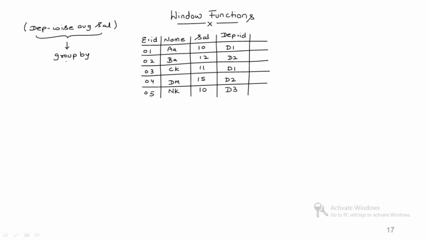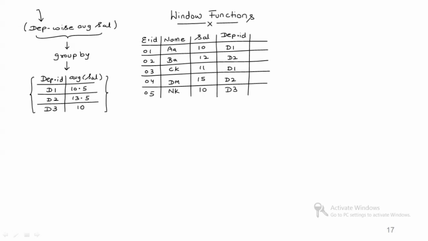You will get the output as an aggregated table, with department ID and average of salary. You will get D1, D2, D3 because we have 3 departments, followed by their average salary. For D1 it's 10.5, for D2 it's 13.5, for D3 it is only 10. This is the output you will get for this question.